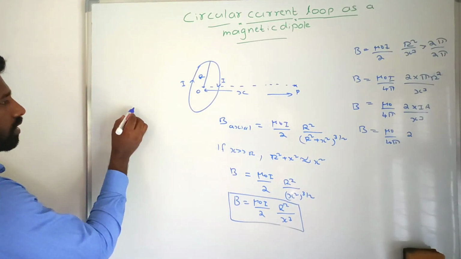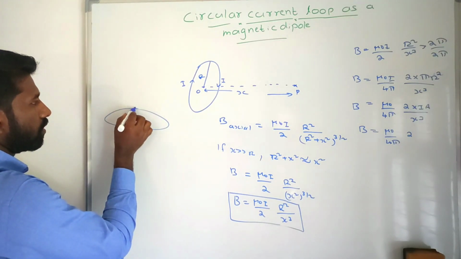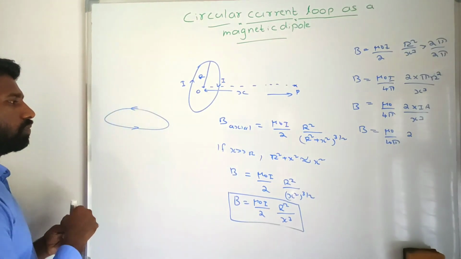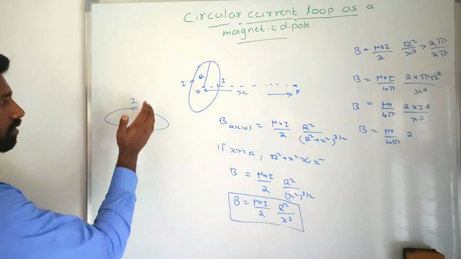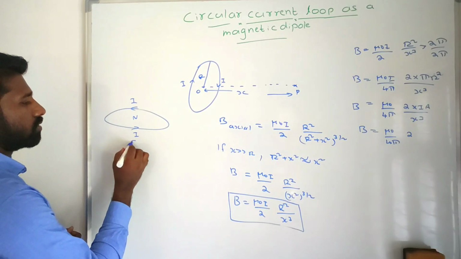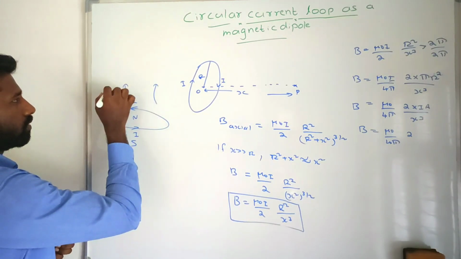Previously we studied that the circular current loop acts as a magnetic dipole. That means this side acts like a north pole and this side acts like a south pole.